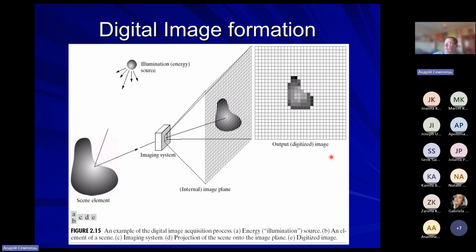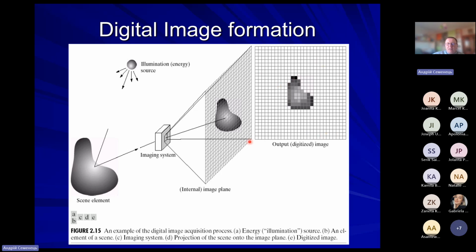Being illuminated by different amounts of energy, each cell of the array, each digital pixel, produces a corresponding level of voltage. Depending on the intensity of this illumination, different pixels produce different levels of voltage, so we can see an image.